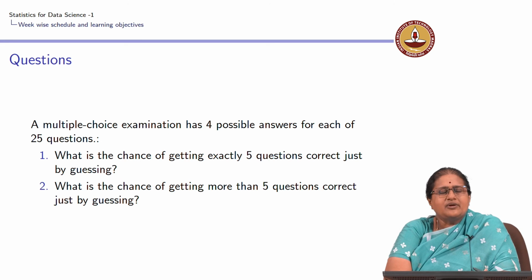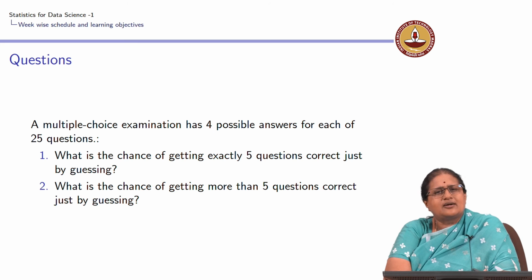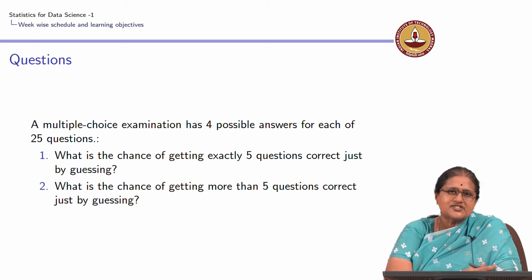For example, we might want to know, all students attempt, and I am sure that all of us at some point of time have taken examinations which have multiple choice questions. If you know the answer, there is no uncertainty there, but many of us guess answers in a multiple choice question.